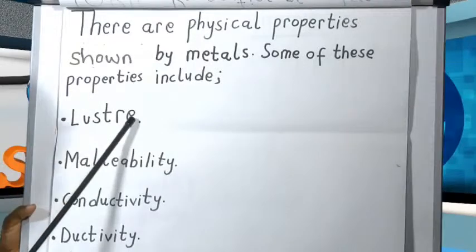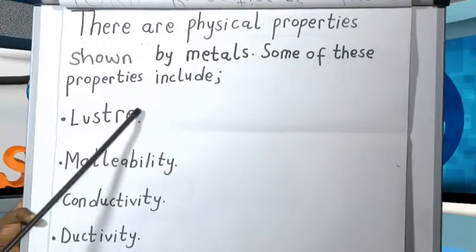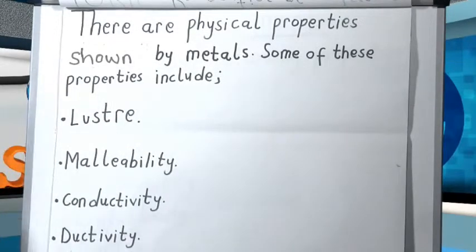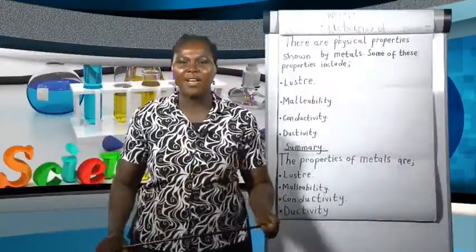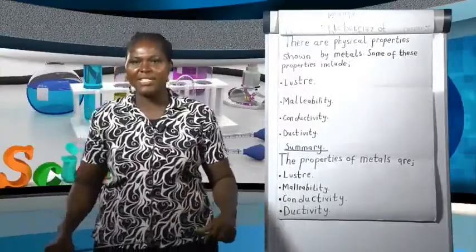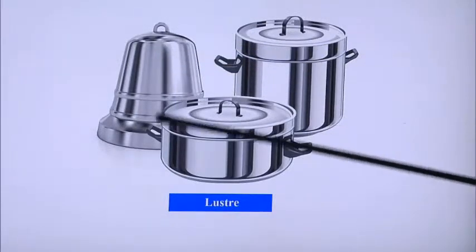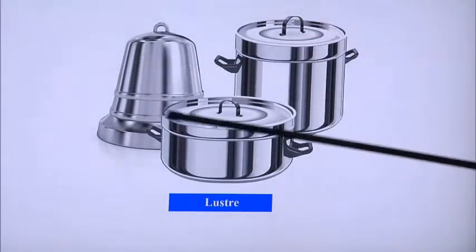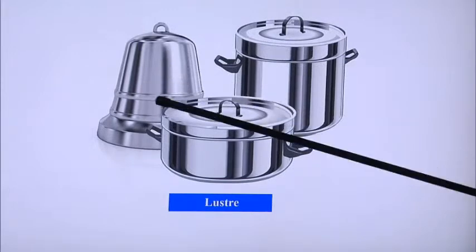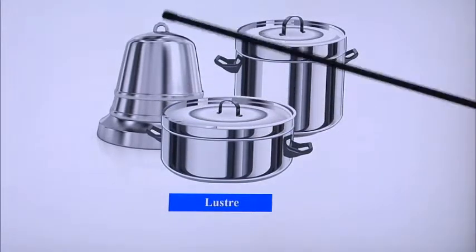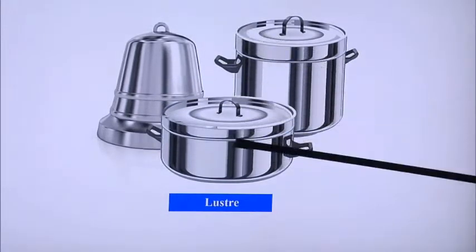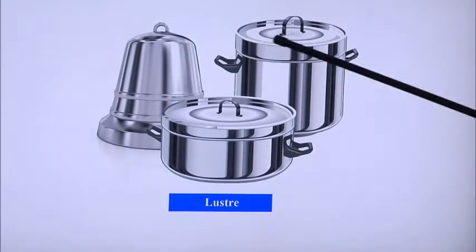Luster. Now when somebody says a metal shows a property of luster, what does it mean? Let's have a look at it on our screen. Let's look at these materials made from metals. Now this is a bell. A bell. These are saucepans.